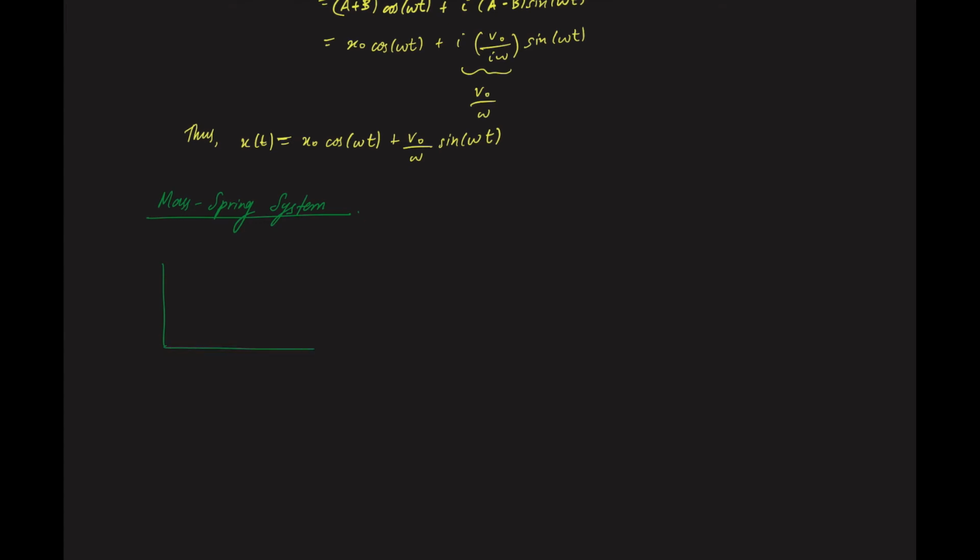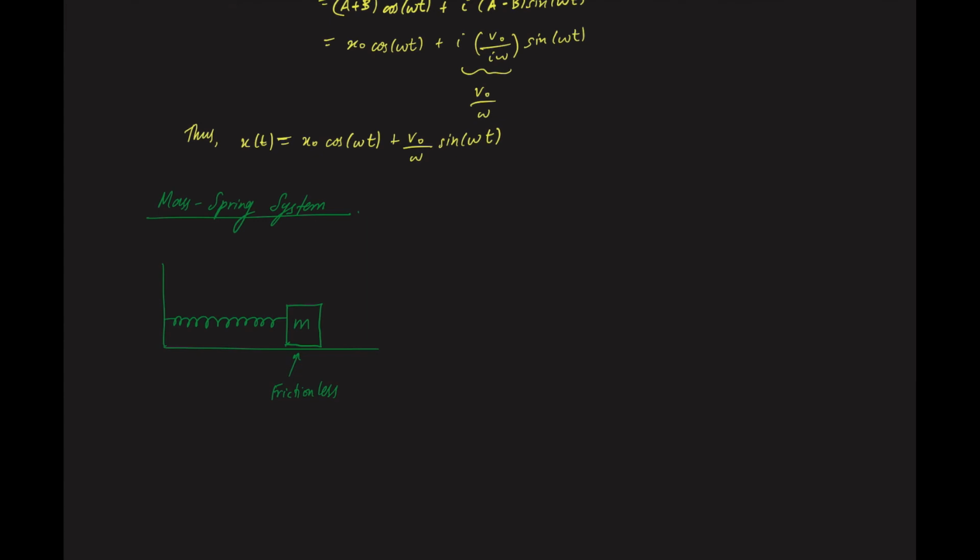Suppose we have a mass m that lies on a frictionless surface. It's just a block of mass m, and it's tied to a spring as such.